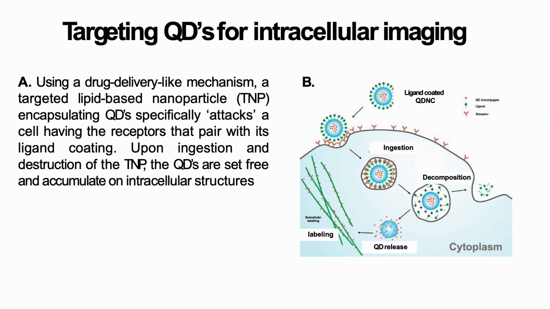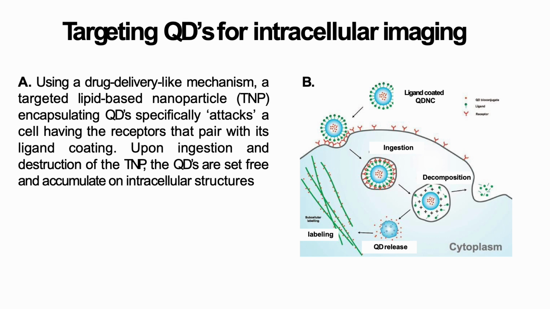Now here, this is again what I was just explaining in the previous slide. So using a drug delivery-like mechanism, a targeted lipid-based nanoparticle, so here we use the abbreviation TNP in different publications, encapsulating quantum dots, specifically attacks a cell having the receptors that pair with its ligand coating. Of course, we talk about the antibodies as well.